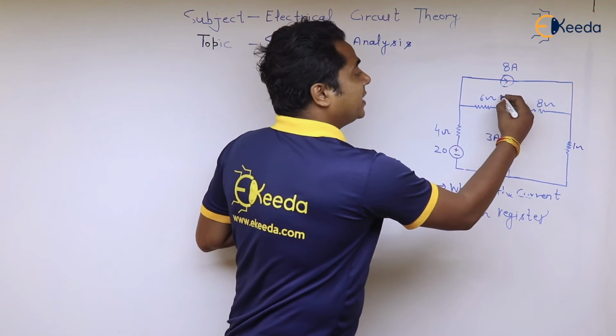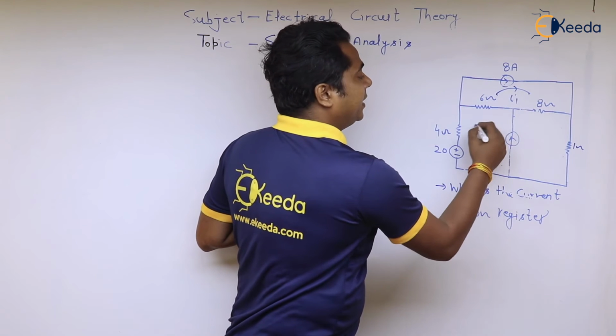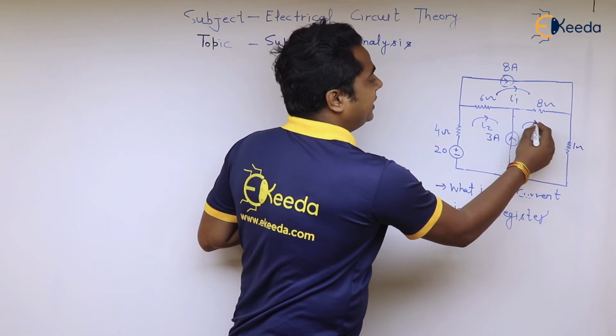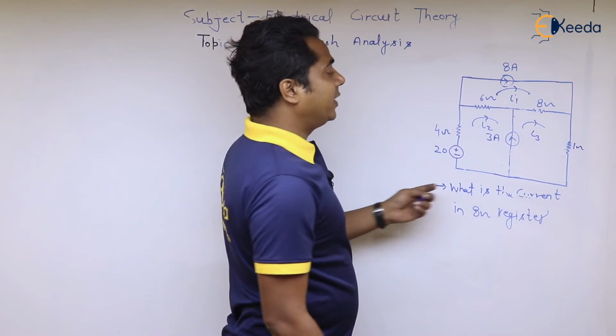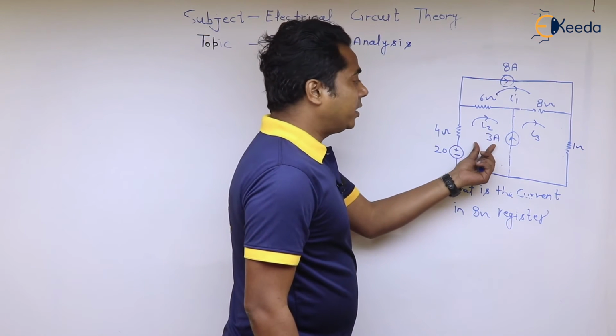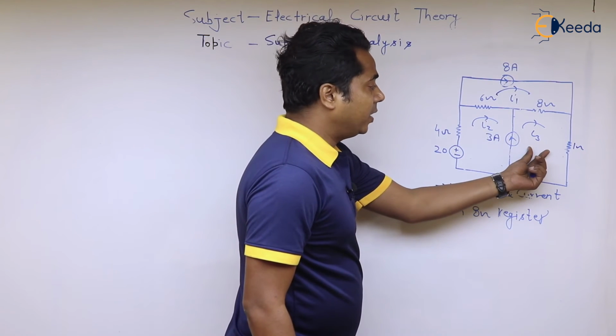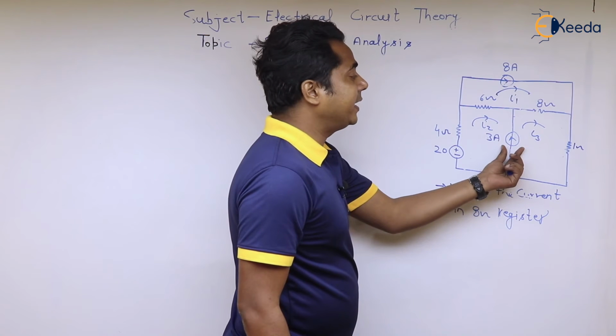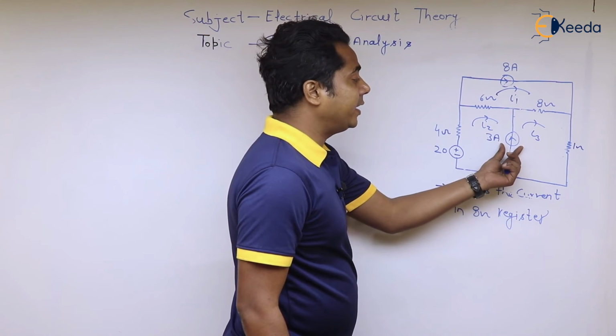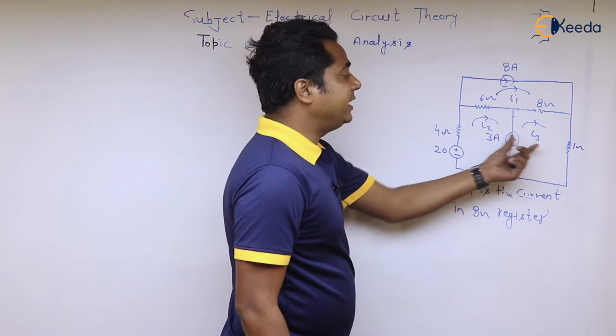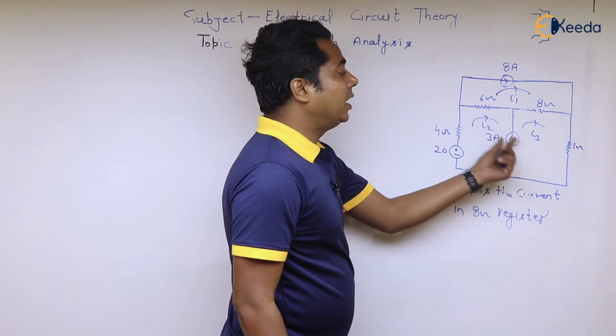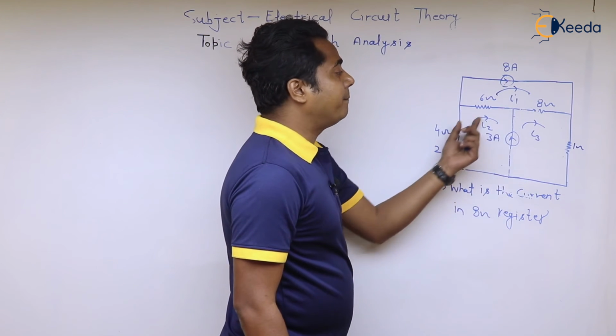If we assign the current I1 here, I2 here and I3 here, correspondingly mesh number 2 and mesh number 3 both have the 3 ampere in common. It means the 3 ampere current comes in between these 2 meshes. So this is forming a super mesh.